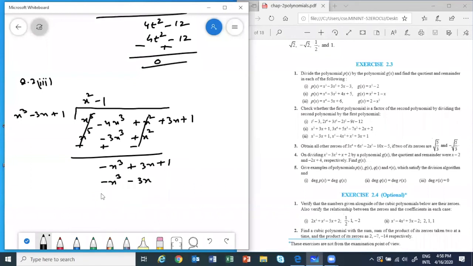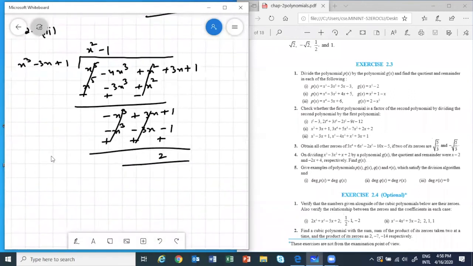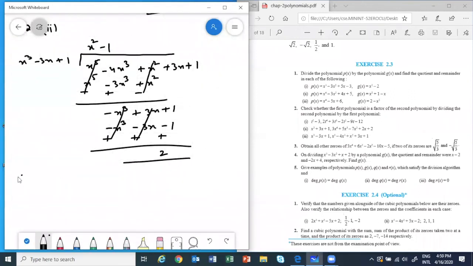And then minus 1. So change the sign. This cancels out, and you're left with 2. So here what we will say? We will say x cube minus 3x, since Rx is equal to 2.